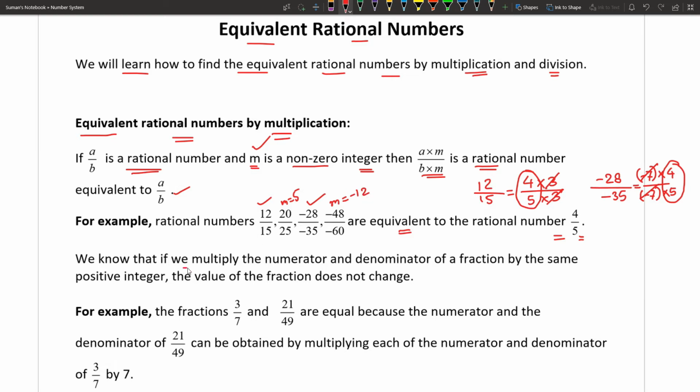So we know that if we multiply the numerator and denominator of a fraction by the same positive integer, the value of the fraction does not change.